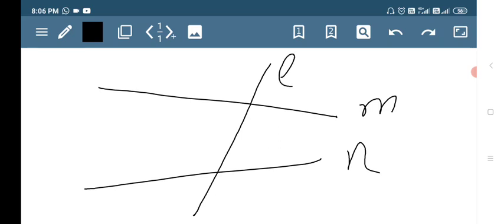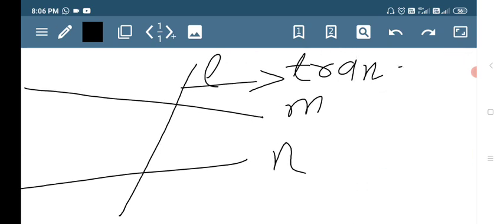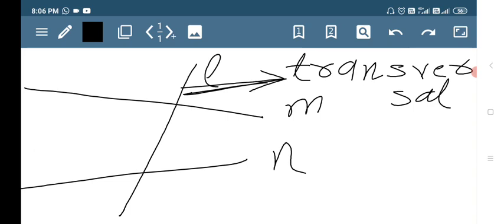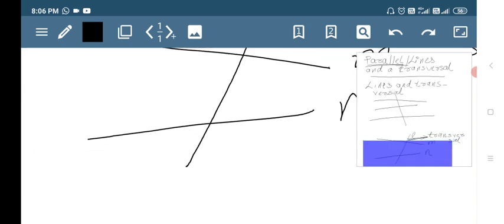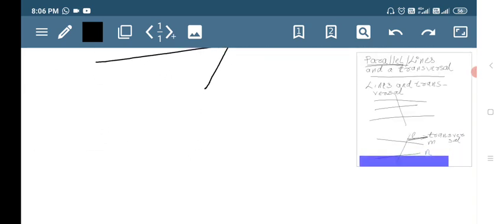The line L is passing through the lines M and N. So such a line L is called a transversal. Got it?